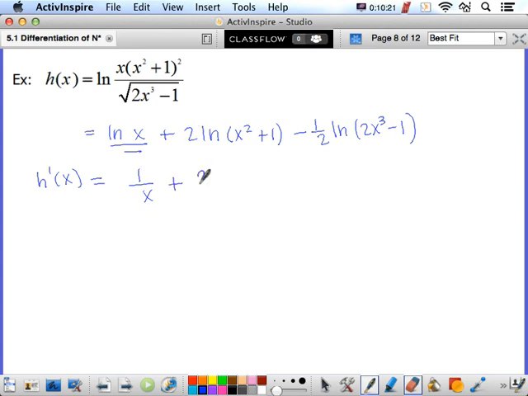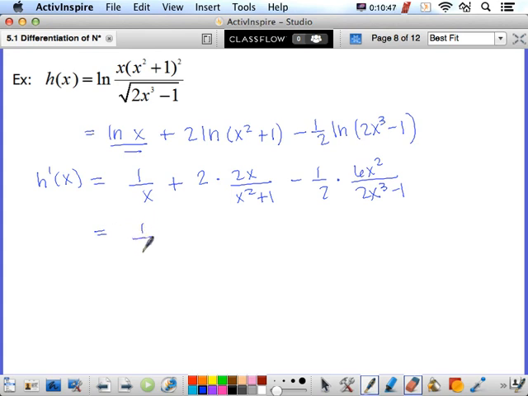Bring your coefficient with you, and the derivative of this guy for the second term is 2x over x squared plus 1, minus 1/2. The derivative of this is 6x squared, and stack it over 2x cubed minus 1. And then we'll just go through and clean that up.